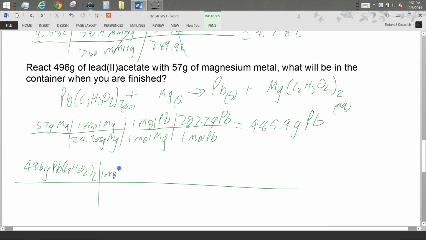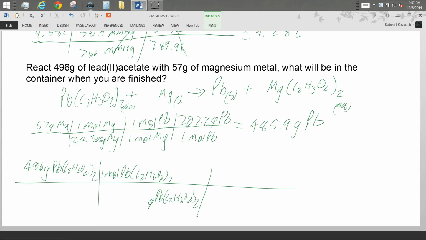So for every 1 mole of Pb(C2H3O2)2, grams Pb(C2H3O2)2. Somebody have a mass for that? 207.2 plus 12.011 times 4 plus 15.9994 times 4, is it like 325?